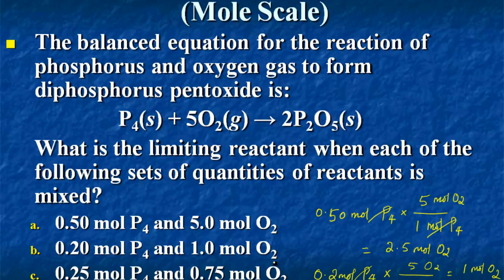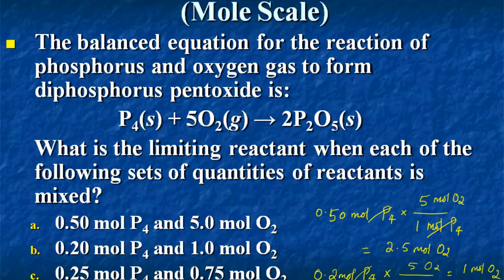Now the third case, you have 0.25 moles of P4 and 0.75 moles of O2. Again calculate for 0.25 moles of P4 how many moles of O2 you need according to the balanced equation. So 0.25 moles of P4 multiplied by mole ratio 5 O2 per 1 P4.